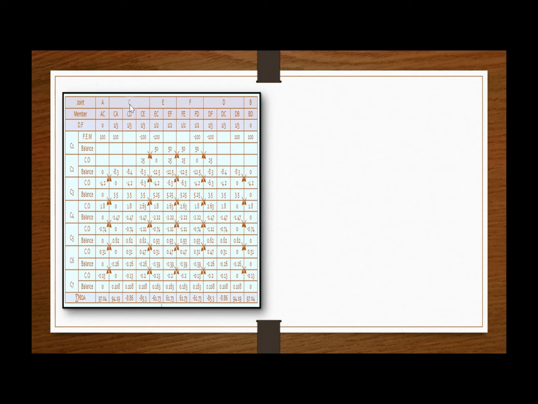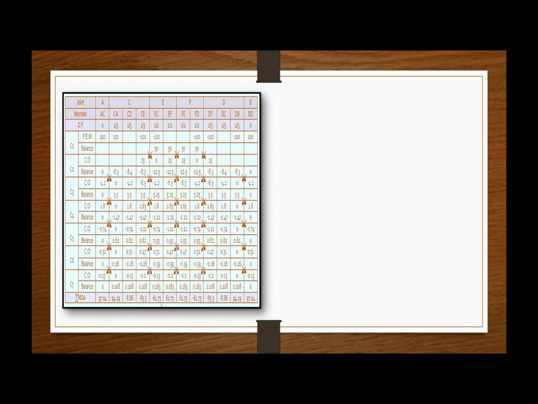Sa joint C is CA, CD, and CE, tatlong member. Also, in joint E, dalawa, EC and EF. Sa joint F, same sa E, dalawa din ang member, FE and FD. Sa joint D, tatlo, DF, DC, and DB. Sa B, isa kasi fixed lang, so BD.